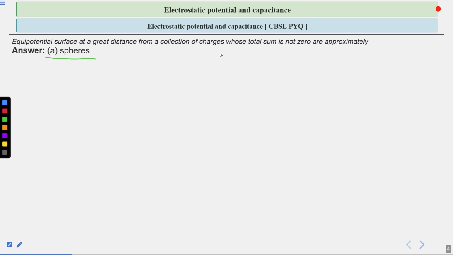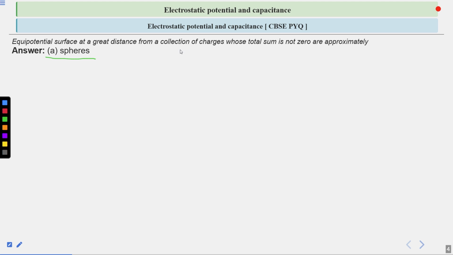So only the distance matters here. If we are viewing these things from a smaller distance, we will resolve the different objects, different charges in the collection of charges. If we are viewing from a larger distance, we cannot resolve the different charges present in the collection. We will assume it as a point charge.